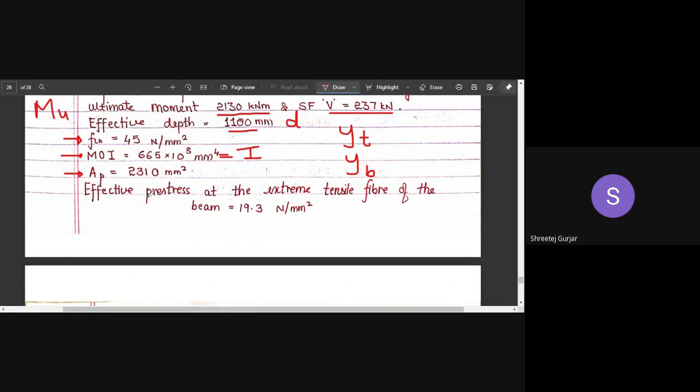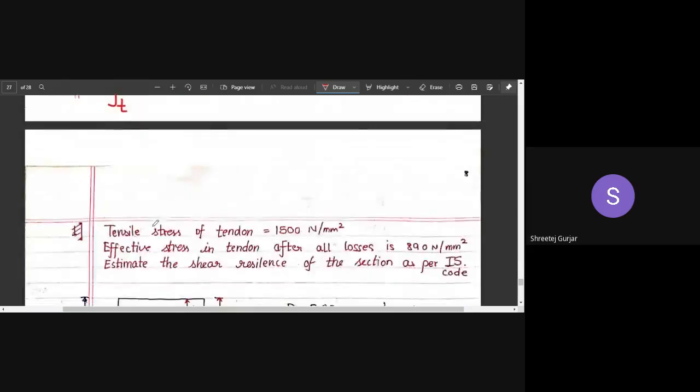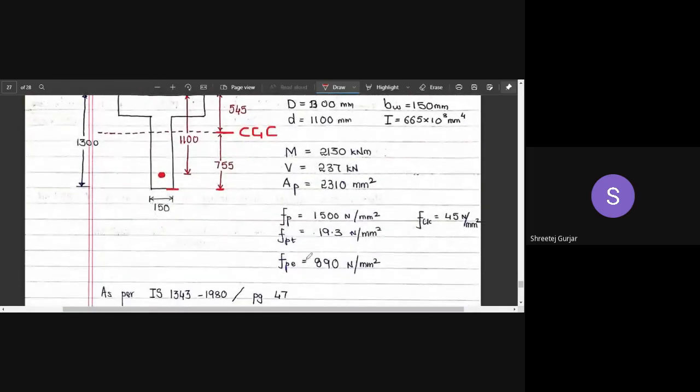Here you can see one more statement they have given: effective pre-stress FT at the extreme tensile fiber of the beam. It is nothing but tensile stress. FPT is 19.3, which I have written over here.